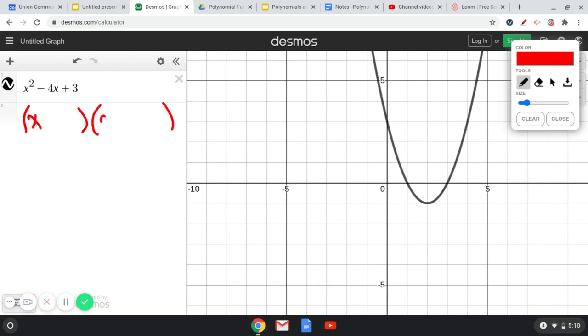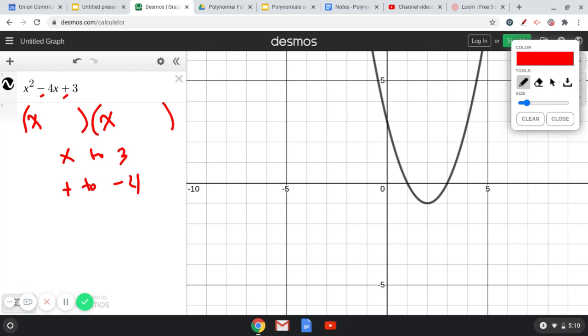this is going to be x. Remember, factoring, we factor out two different terms. And we're going to multiply. Okay, so we're trying to find a number here and a number here that multiplies to 3 and they add to -4.